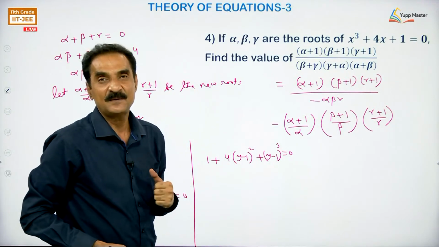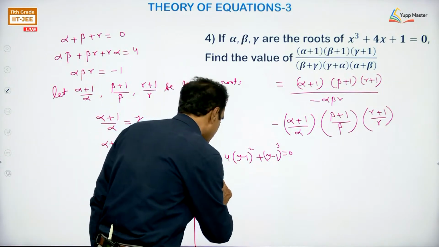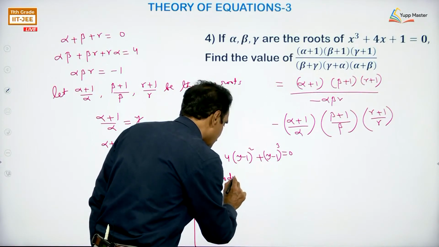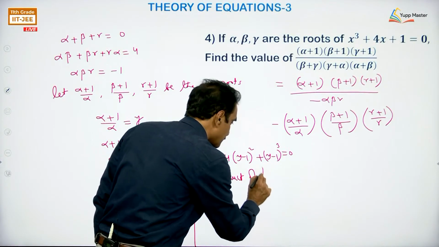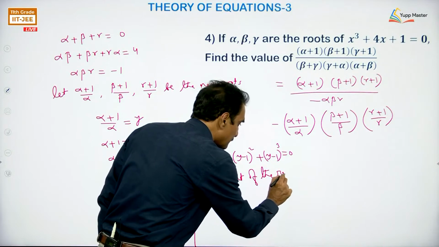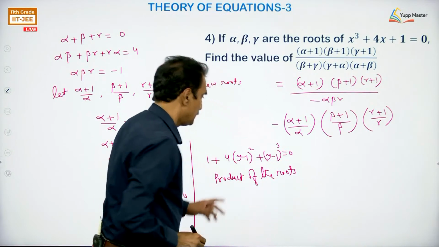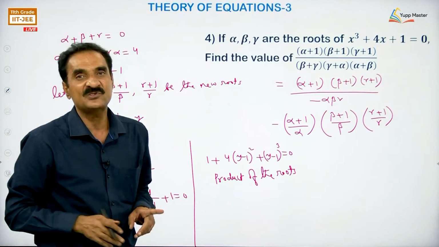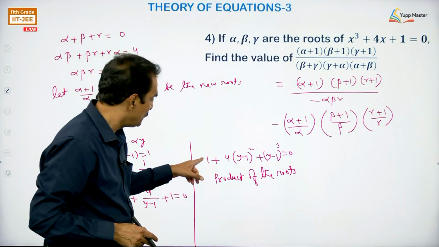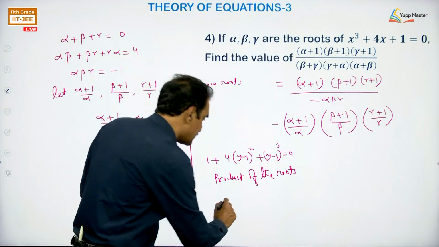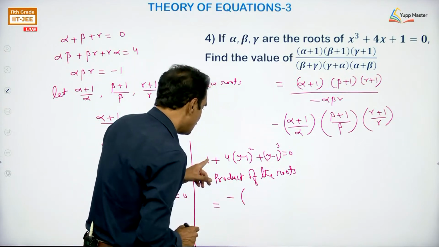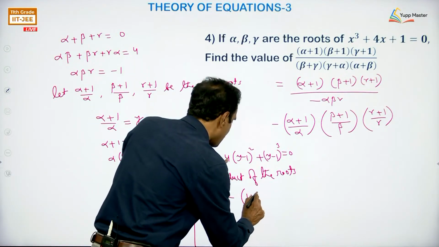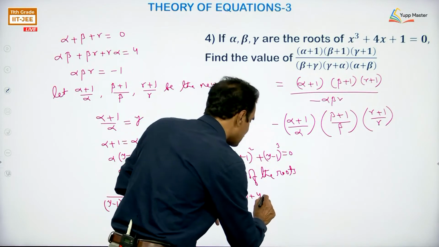How do you get the product of the roots? You don't need to expand. Product of the roots is given by minus of constant by y cube coefficient. What is the constant here? Constant term: 1 here plus 4 here, here minus 1.